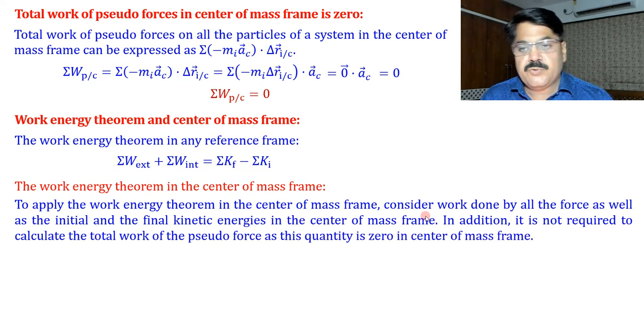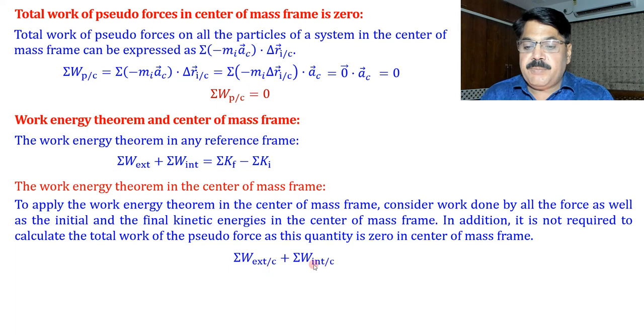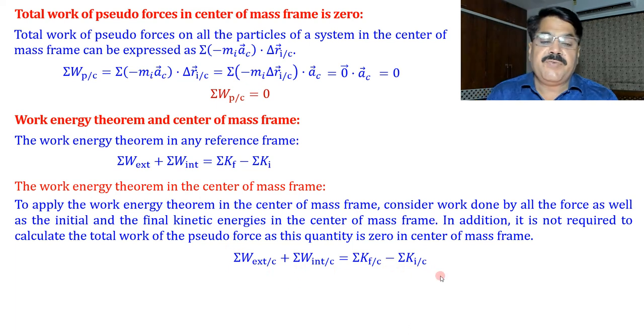So what is that? Summation W external with respect to the mass center plus summation W internal with respect to the mass center is equal to summation K final with respect to the mass center minus summation K initial with respect to the mass center. So that is the work energy theorem in the center of mass frame.